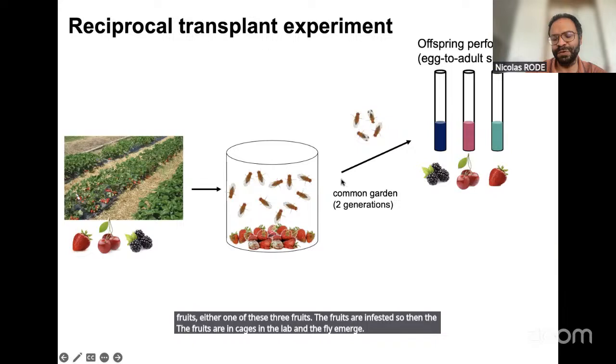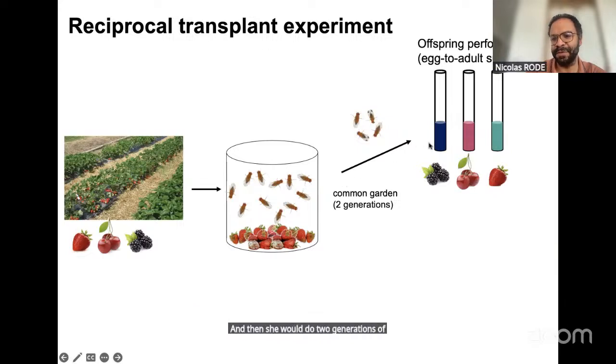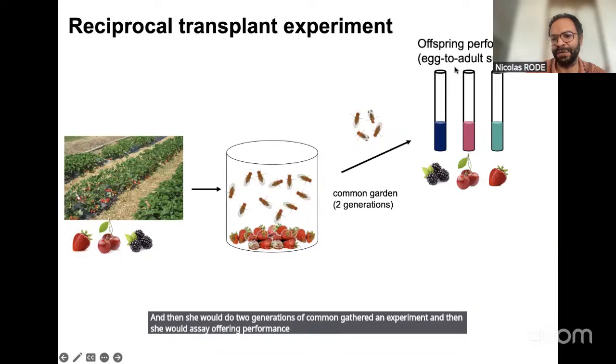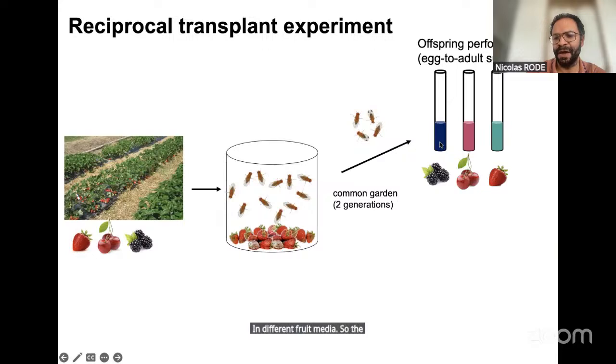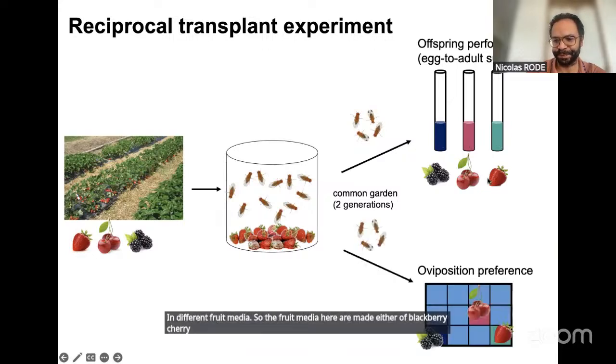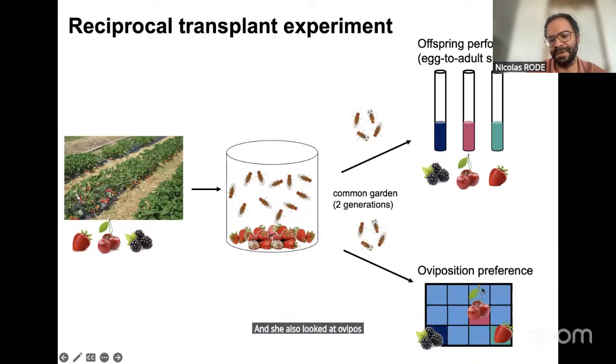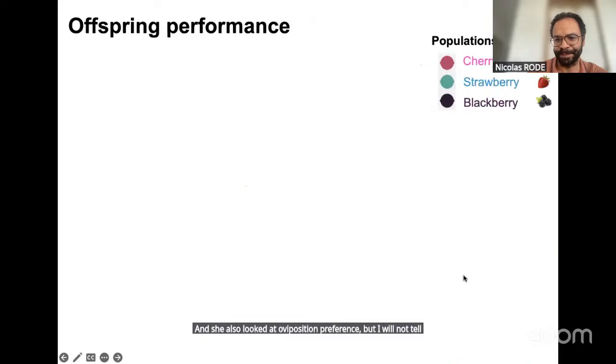And then she would do 2 generations of common garden experiment, and then she would assay offspring performance, typically egg to adult survival, in different fruit media. So the fruit media here are made either of blackberry, cherry, or strawberry. And she also looked at oviposition preference, but I will not tell you about this today.